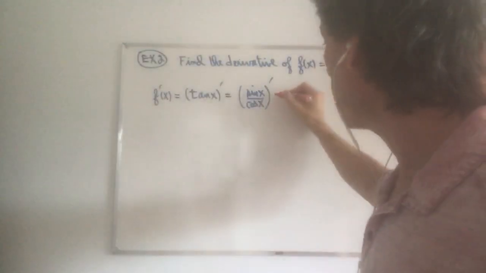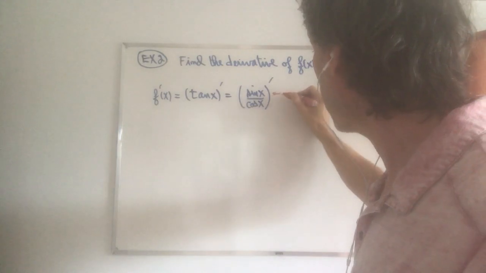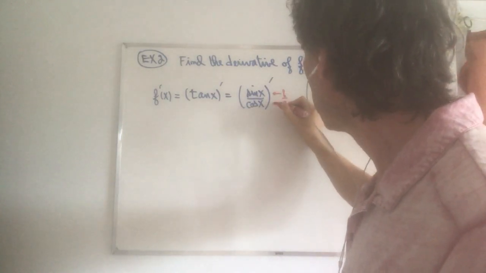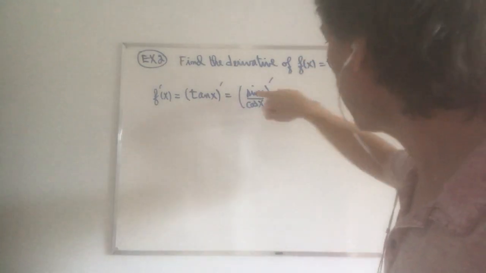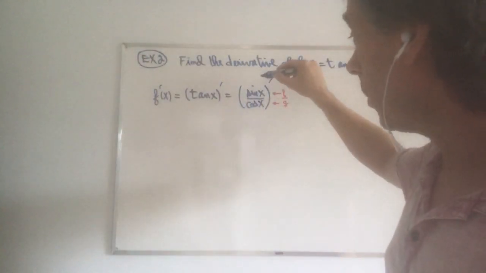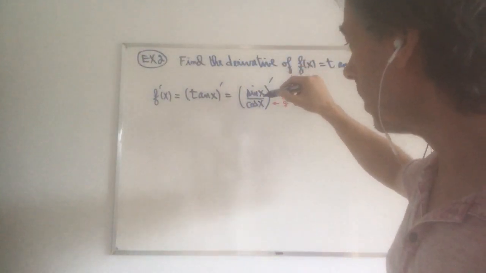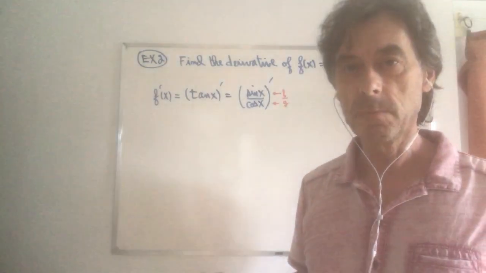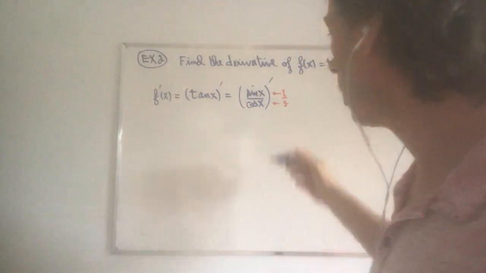A quotient. Another quotient. Another f over g. I know I shouldn't actually call f tan and f the numerator here, but there it is. So this is a numerator called sine and a denominator called cos. So I need to do again my quotient rule on this.